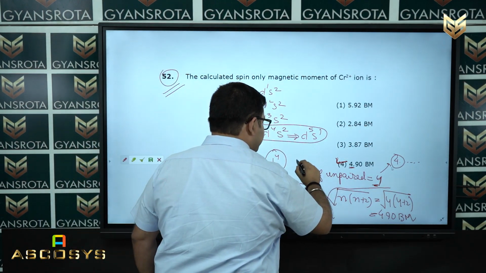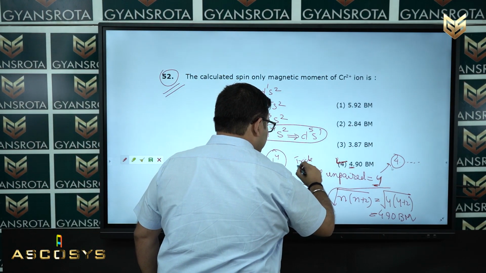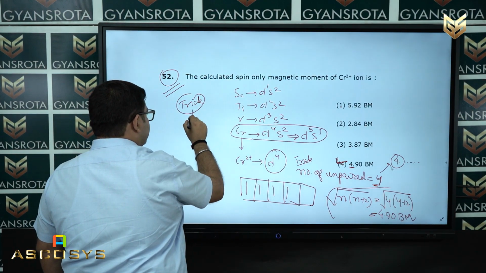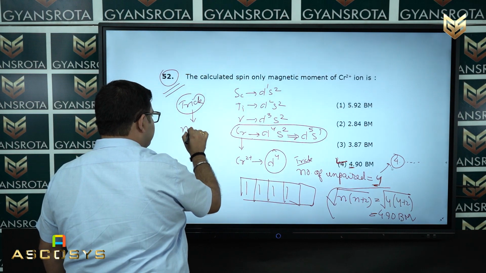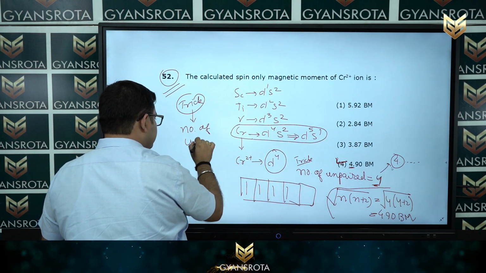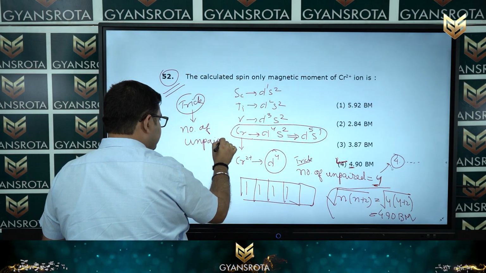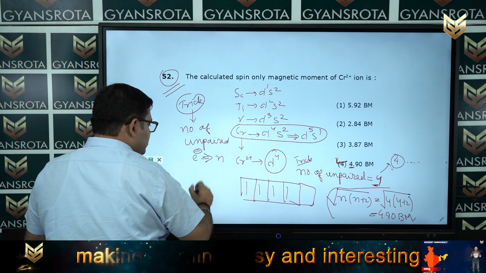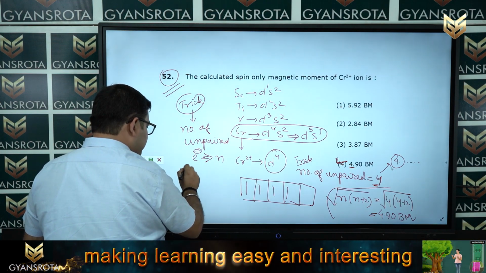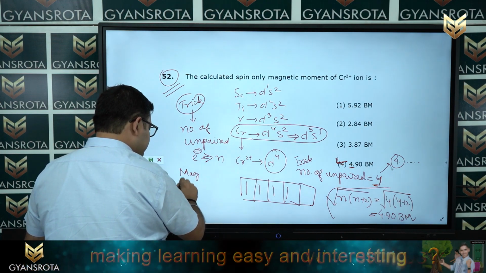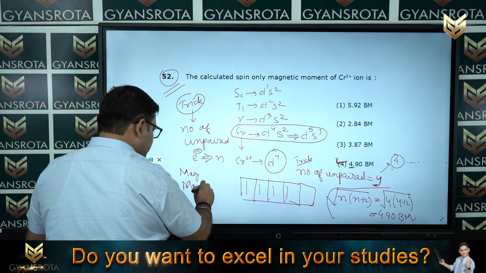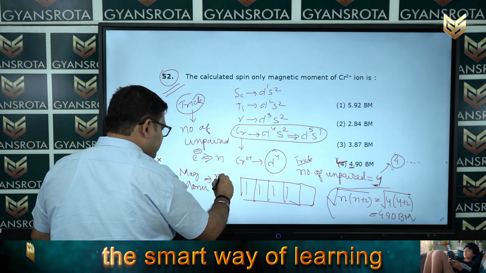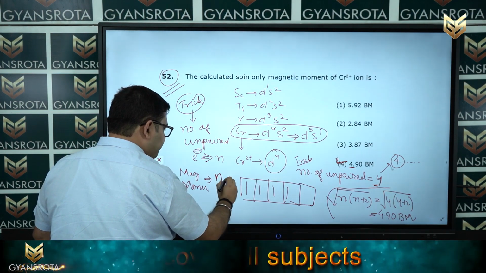So, this is just a trick. What is the trick? Suppose the number of unpaired electrons is n. Then definitely the magnetic moment value you get will have the first term starting with n, that is n point something.